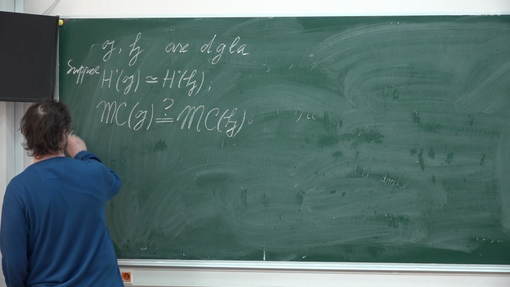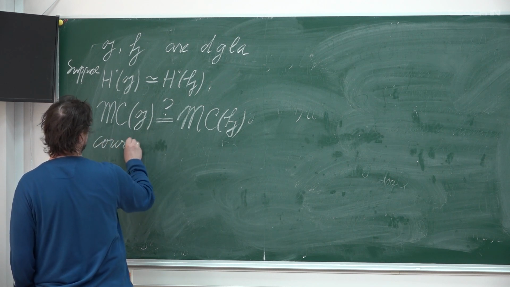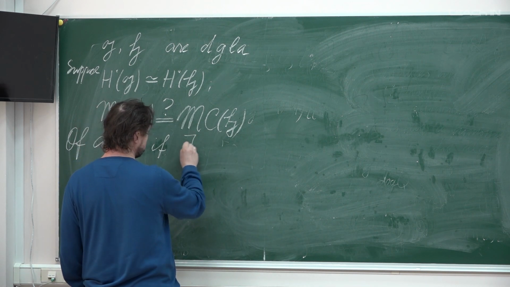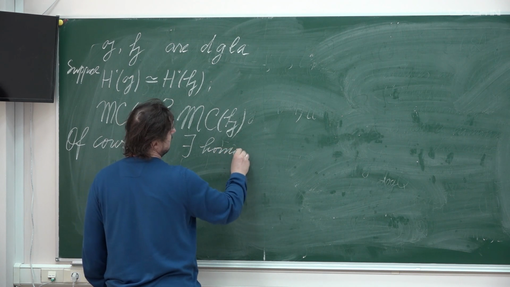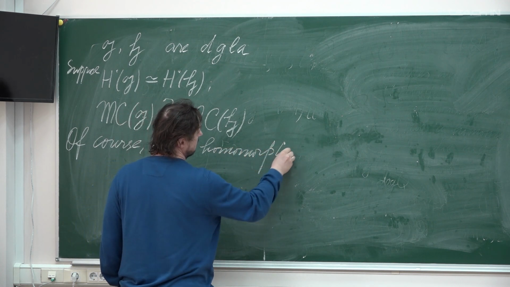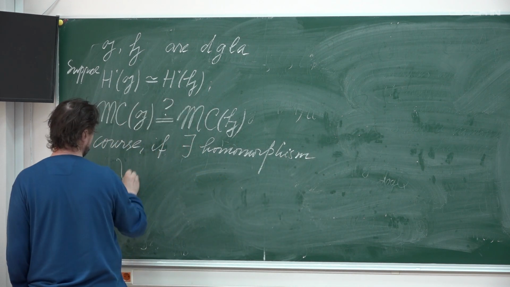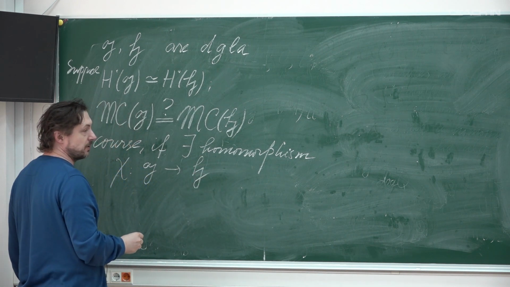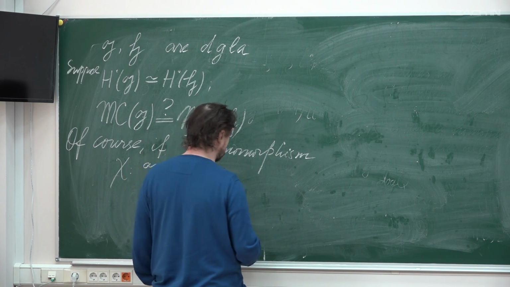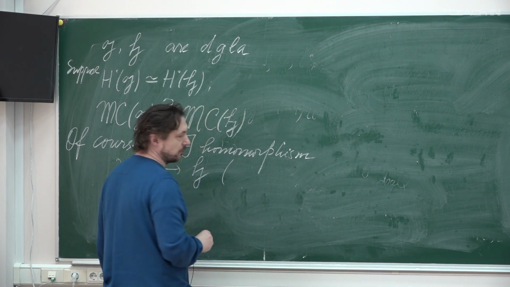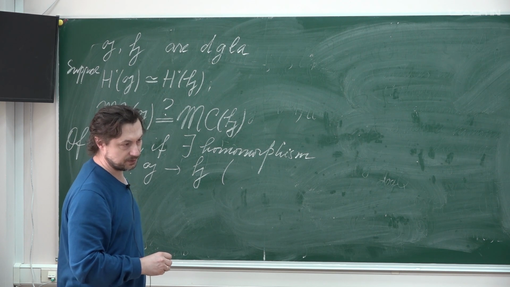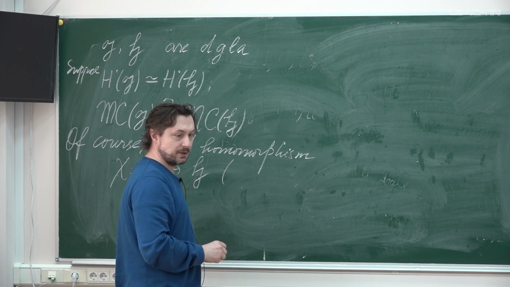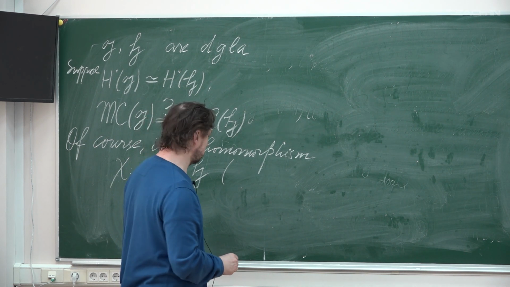Of course, if there exists a homomorphism chi, say from left to right, well, we can assume that it induces the isomorphism in cohomology. Such homomorphisms are called quasi-isomorphisms. When you have a homomorphism of differential graded Lie algebras which induces the isomorphism in cohomology, then it's called quasi-isomorphism.